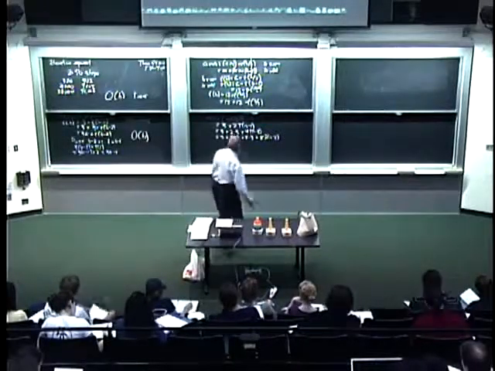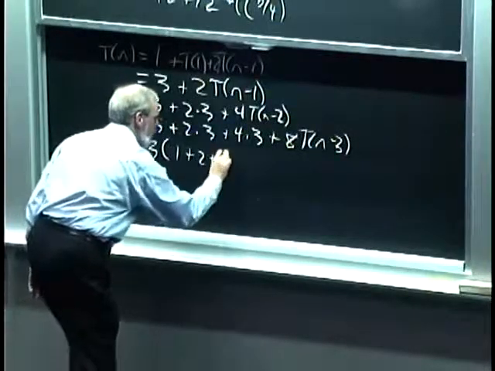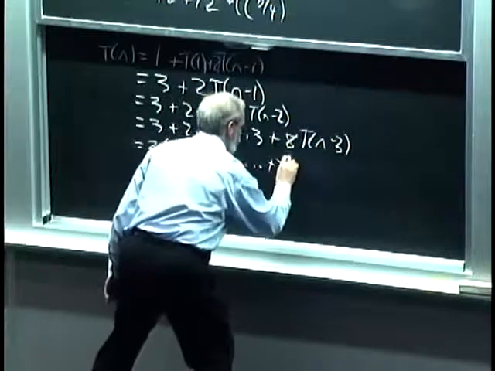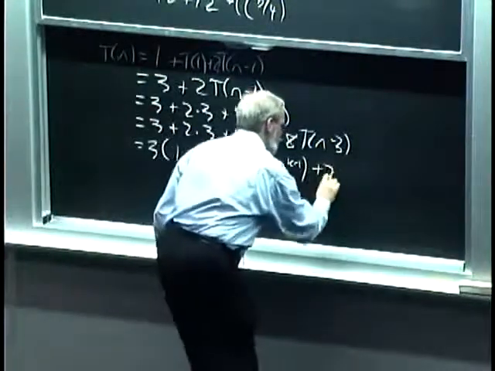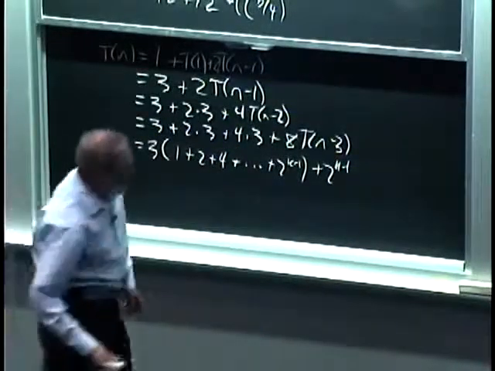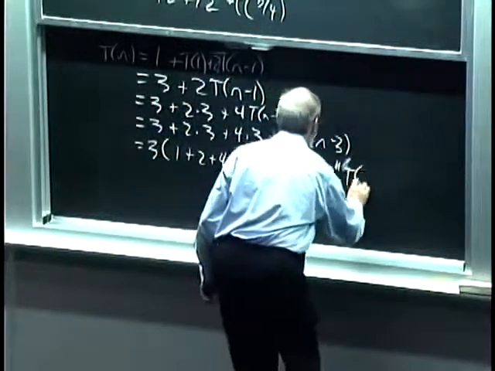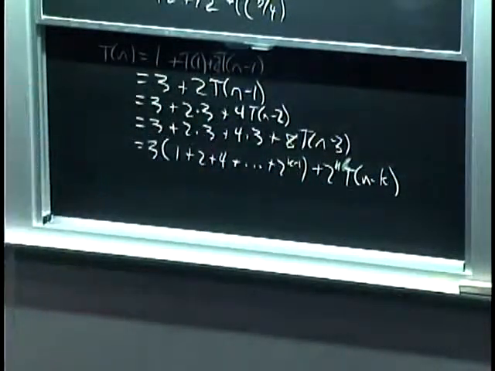But basically, if I do this, I end up with 3 times 1 plus 2 plus 4 up to 2 to the k minus 1 for all of those terms, plus 2 to the k, sorry, t of n minus k. Again, don't sweat the details.